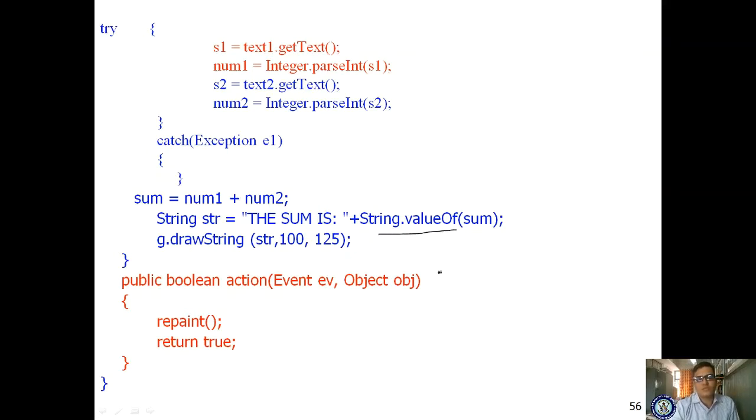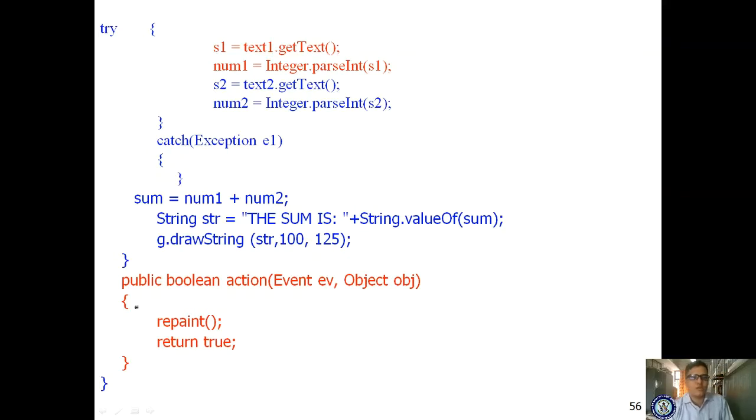What is the purpose of String.valueOf? You are forcefully converting the number into a string, and then you are displaying the content. g.drawString(str, 100, 125), you are displaying the value at that x coordinate and y coordinate.